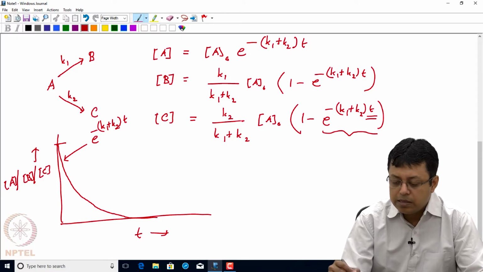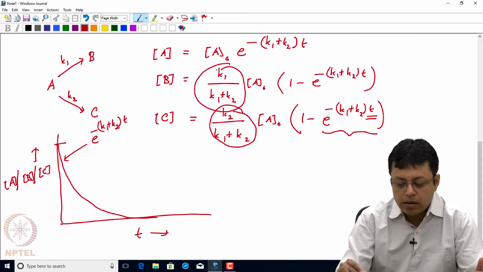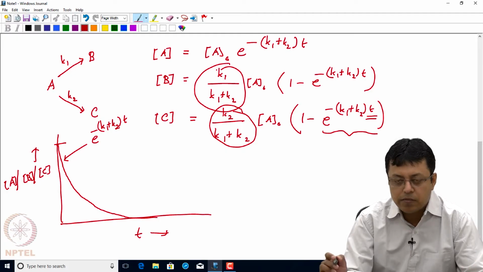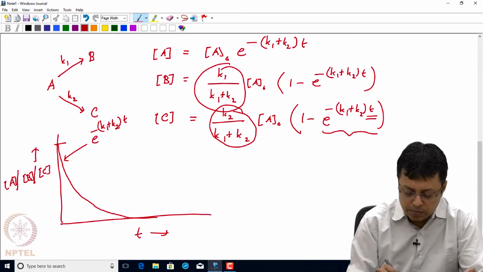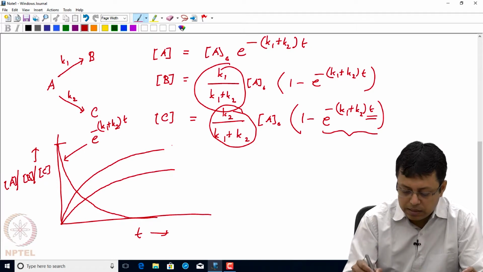So what we will have is basically A0, the initial concentration, times some factor which is K2 by K1 plus K2 in case of C, or K1 by K1 plus K2 in case of B. So we will have exponential growth, and the final concentrations will be something like this. Let's say this is the curve for B and this is the curve for C.